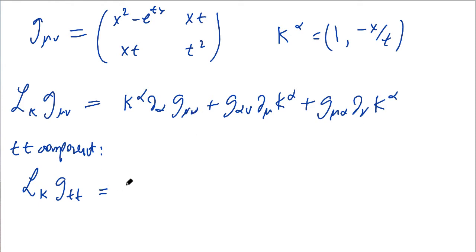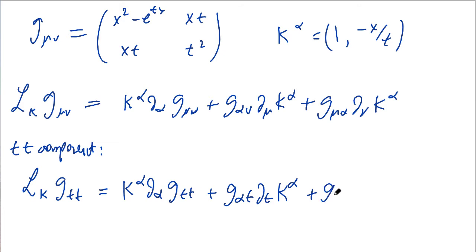In this expression we have k alpha partial alpha g_tt plus g alpha t partial t k alpha plus g t alpha partial t k alpha. Now you'll notice these two terms are the same because g is symmetric under interchange of its two indices. So let me just cross this out and put a 2 in here.